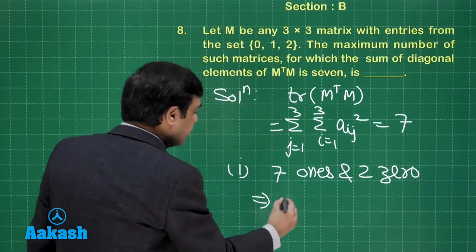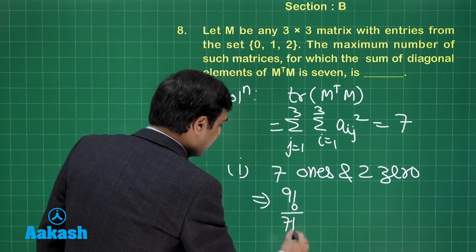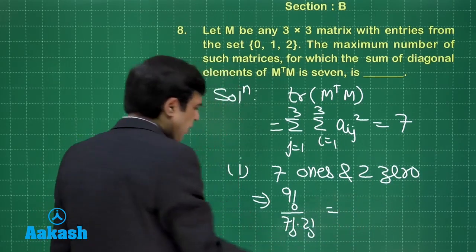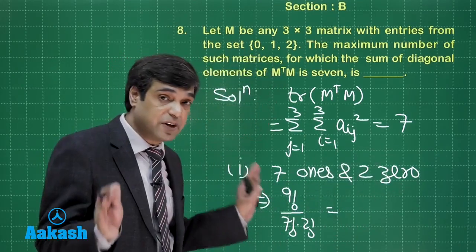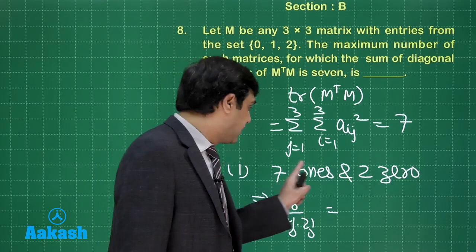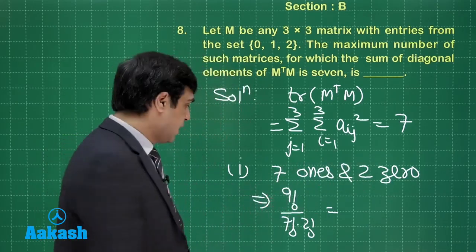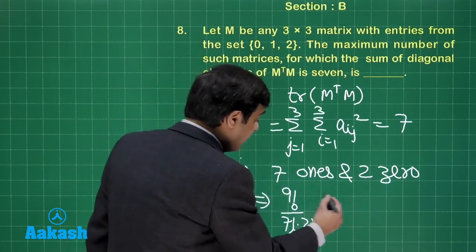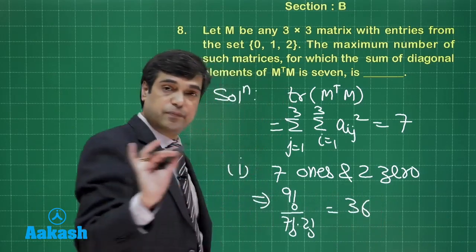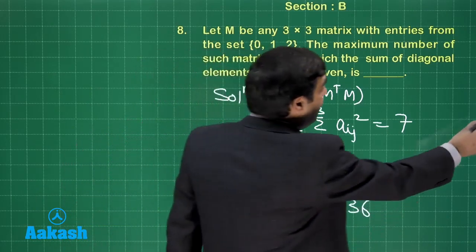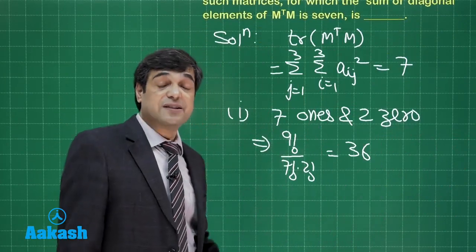That means you can say 9 factorial by 7 factorial into 2 factorial, or simply you can say that out of 9 entries in that 3 by 3 matrix, where I have to put these 7 ones, I have chosen, at remaining places I will put zeros. So this is simply 9C7. So this gives you 9 into 8 upon 2, that is 36. Clear? Next, it is also possible that instead of all ones, there are certain 2's.